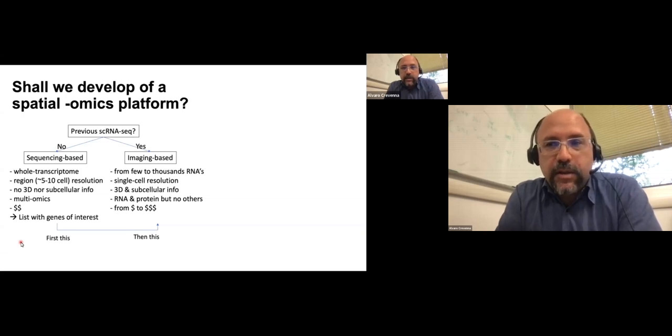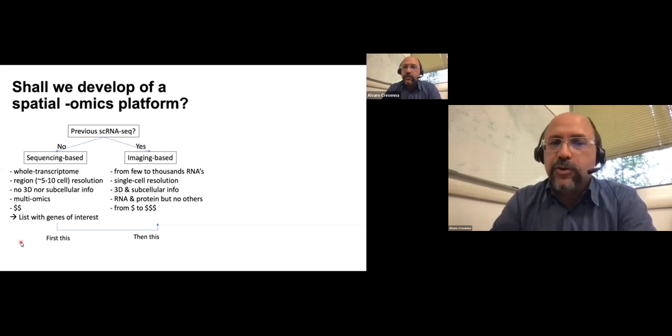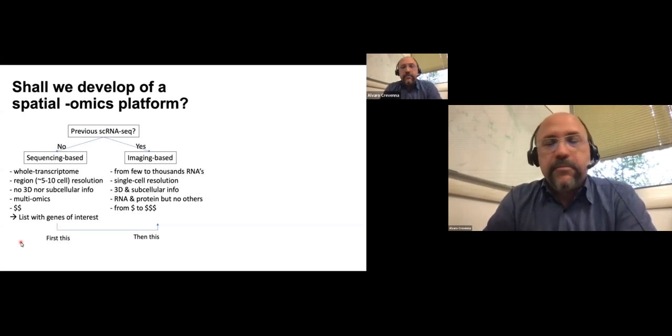If you have not, you either start with single cell RNA-seq, or with a sequencing-based approach where you can profile the entire transcriptome and start to have some idea. With newer methods you may have single cell resolution, but normally you don't have any subcellular information. You could potentially have information in multi-omics as some of the techniques are evolving.